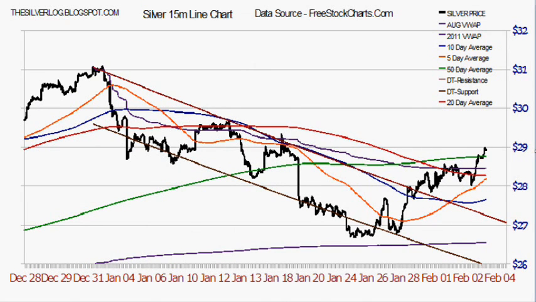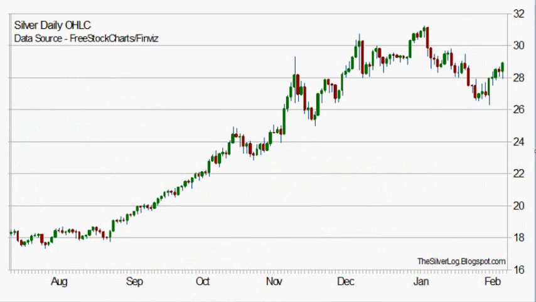Okay, so now we're going to switch this up to the daily time frame. Can you see the failed move, or where its direction is from? 28 was a big level of support. I don't know if I need to draw the line in here. There already is one on here, but I will anyway.